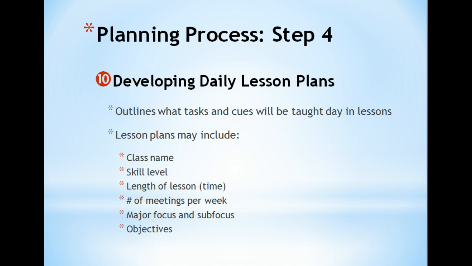The number of meetings per week, again in South Carolina it's either 1 or 2 times a week in elementary. The major focus or the movement concept for that particular lesson, and the sub-focus, which may be the skill theme or the skill themes that you're using.